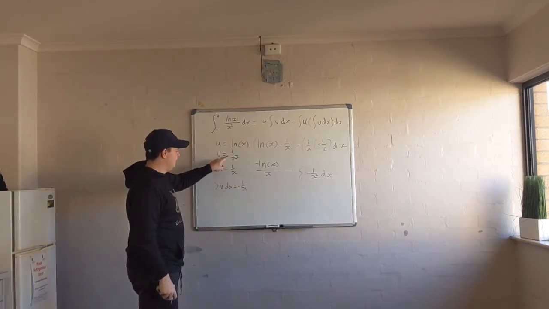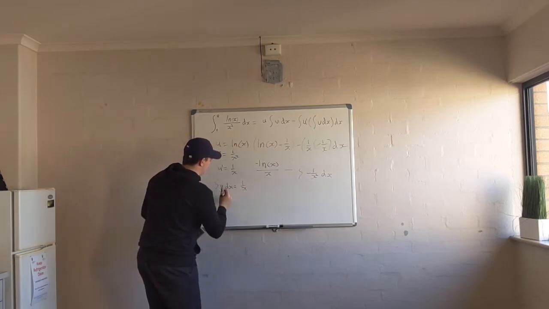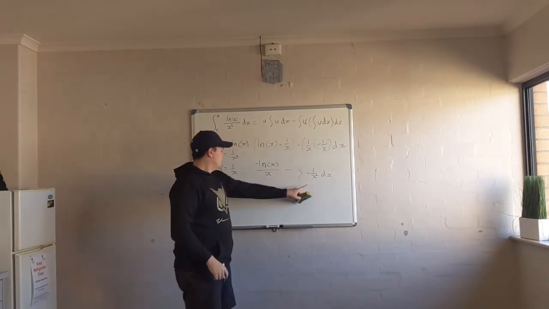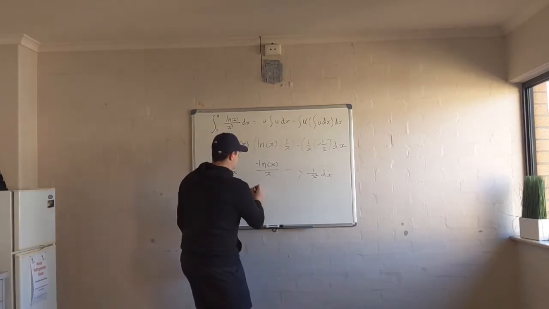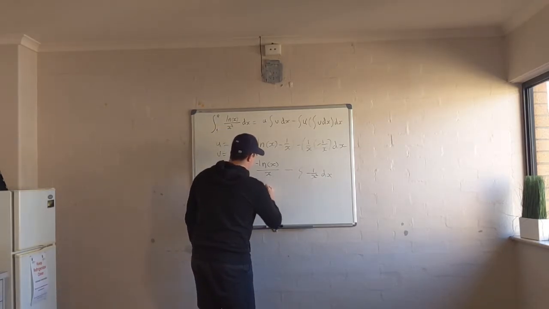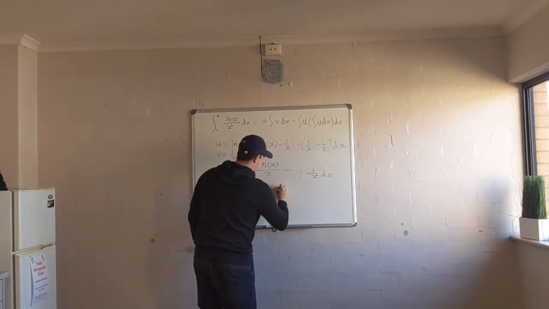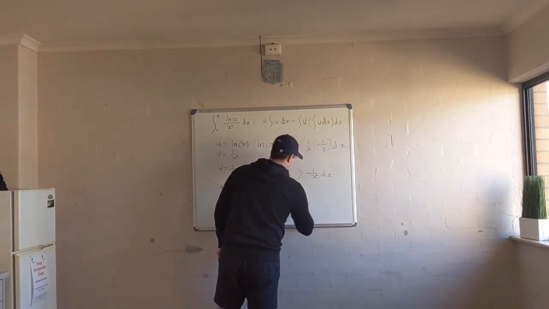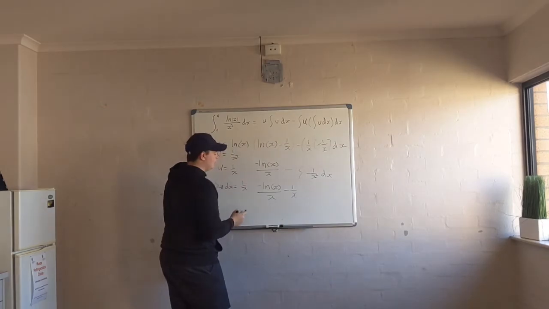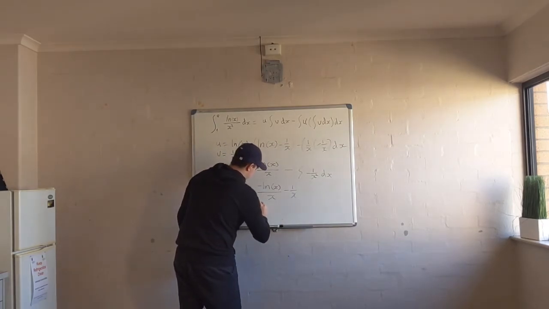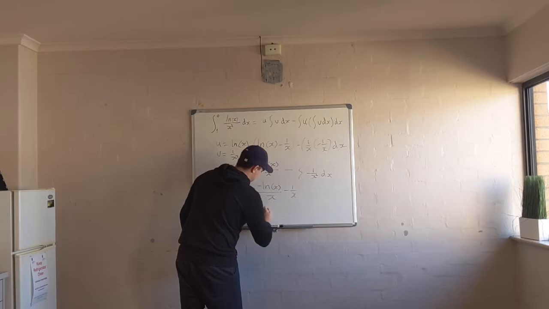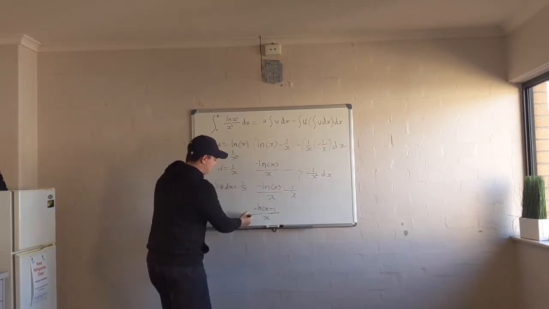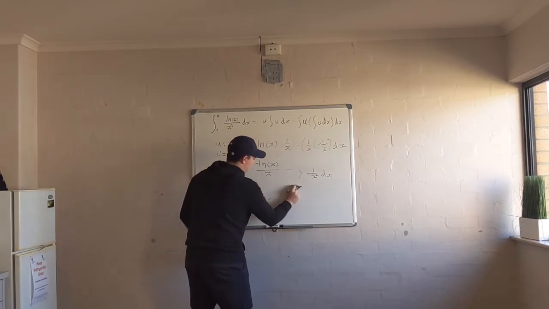So if we make this a negative, we can move this over. So the answer for this one should be 1 over x. Once simplifying again and solving, x minus 1 over x. Cool. And simplifying that further, we get negative natural log of x minus 1 over x. So now we have a really neat and tidy equation.